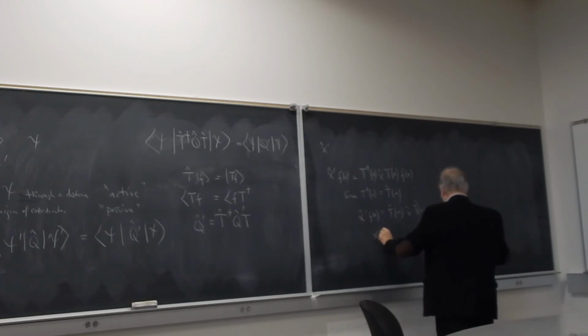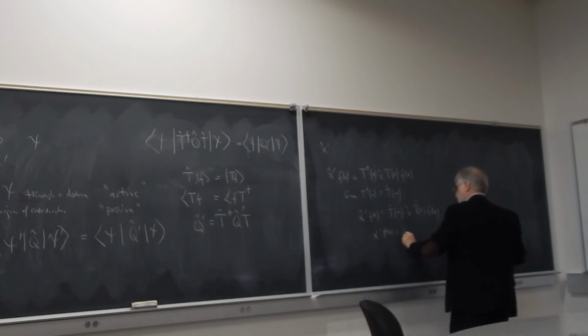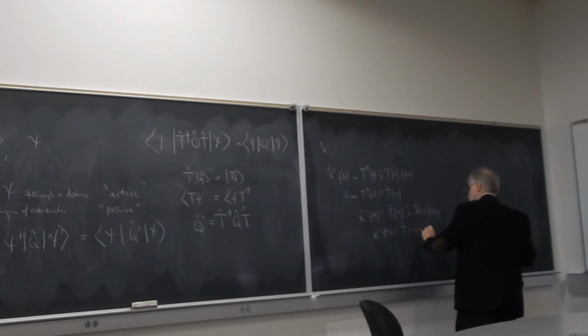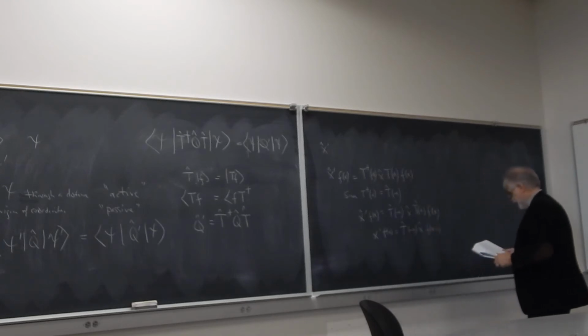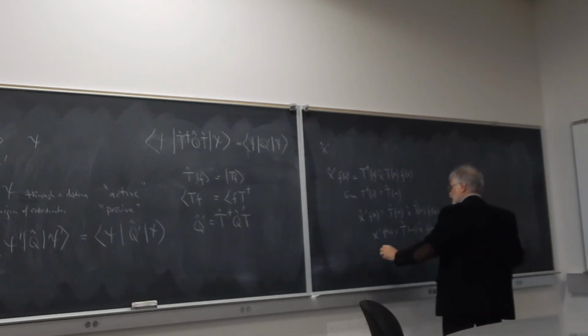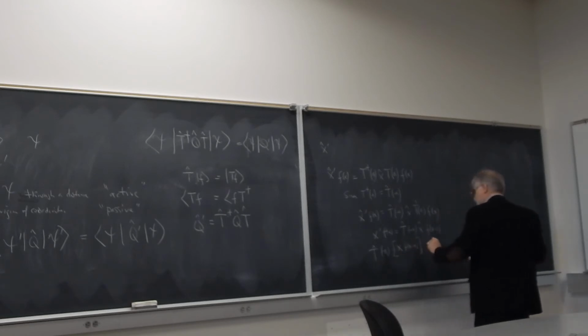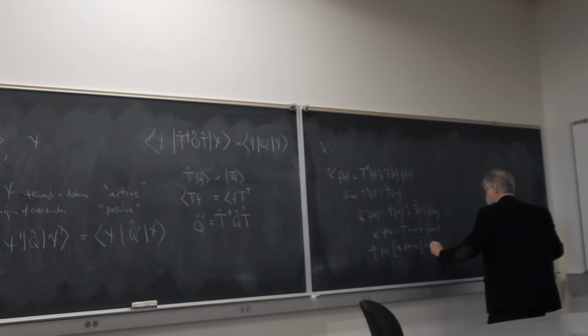But also, x prime of f of x is equal to T of minus a times x times f of x minus a. In addition, T of minus a, applied to x f of x minus a, is equal to x plus a applied to f of x.